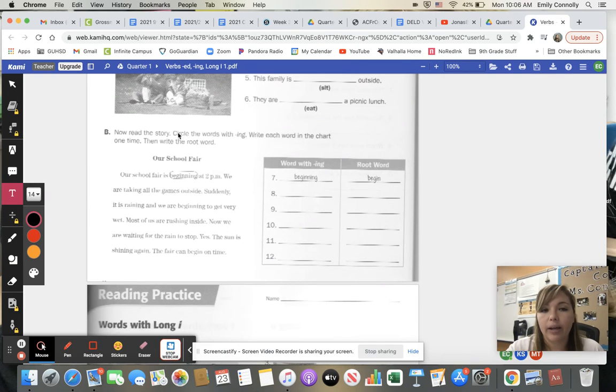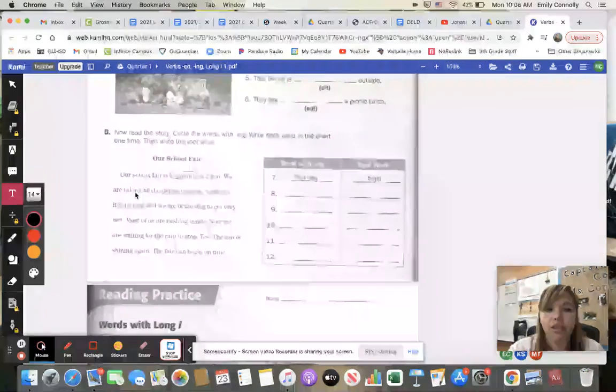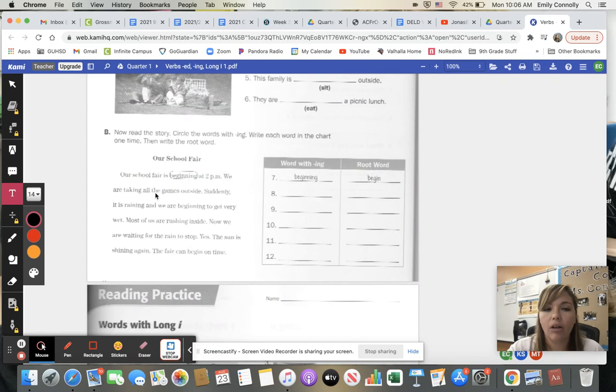Now read the story. Circle the words with ing. Write each word in the chart one time, then write the root word. Our school fair is beginning at 2 p.m. We are taking all the games outside.